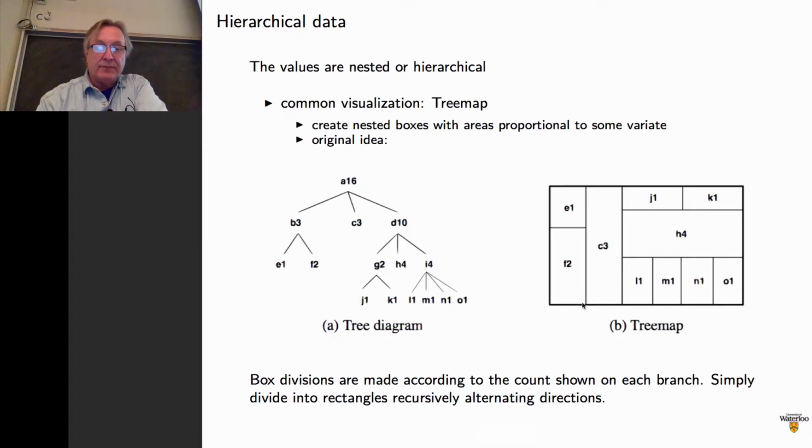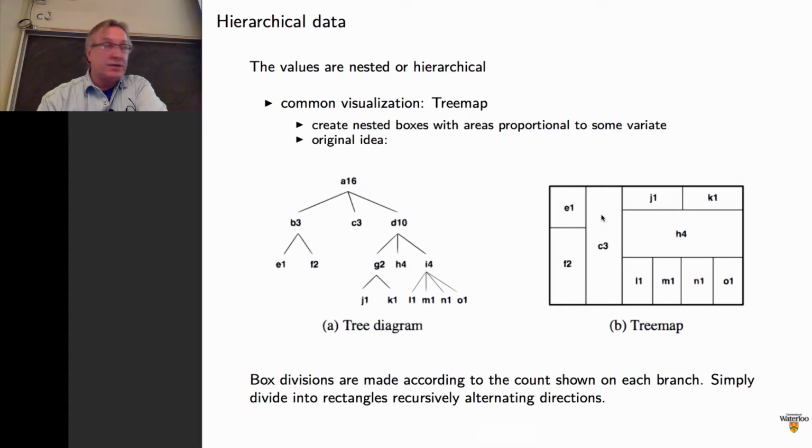So this is B, that's C, and the rest of this is D. So there are 10 things here. Then once I have B, I've got 2 groups here. I'm going to cut it along the horizontal, cut it across the vertical axis. E has 1 and F has 2. So it's a third of the way along. Okay.